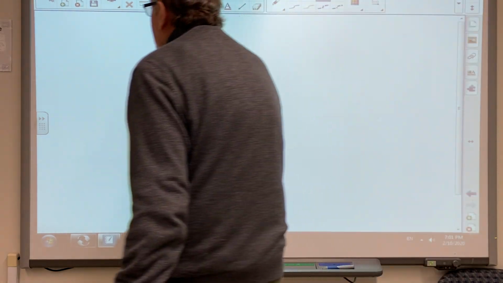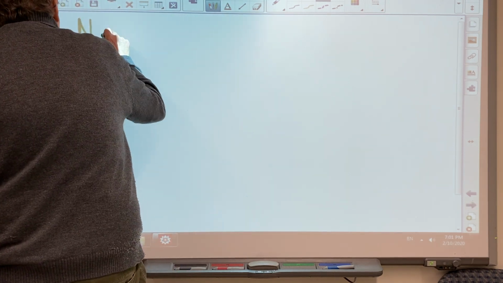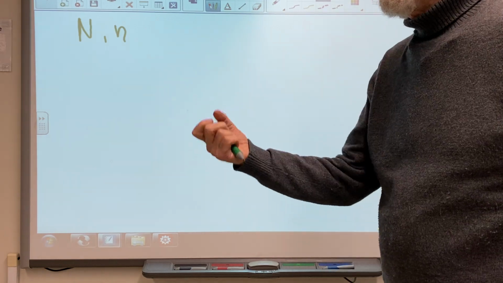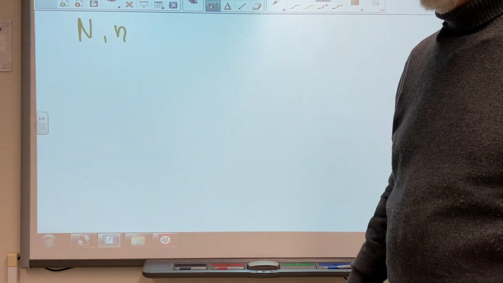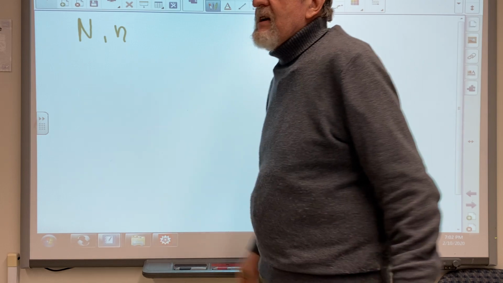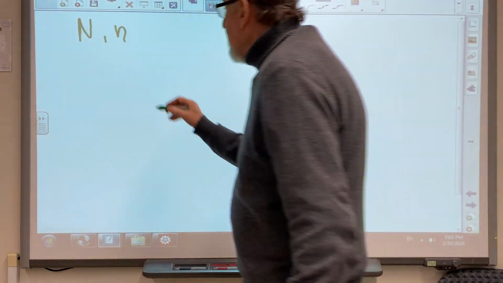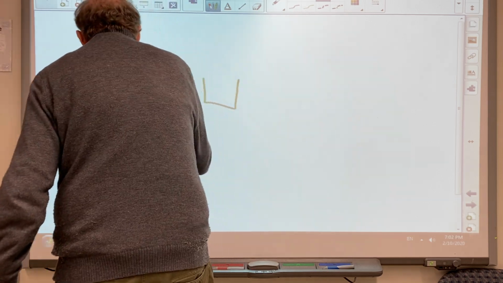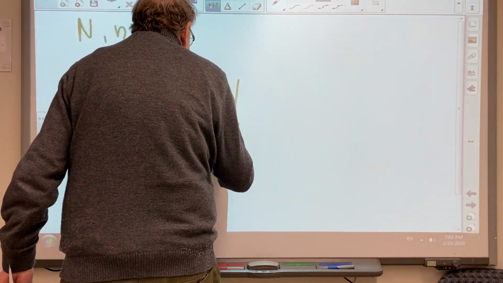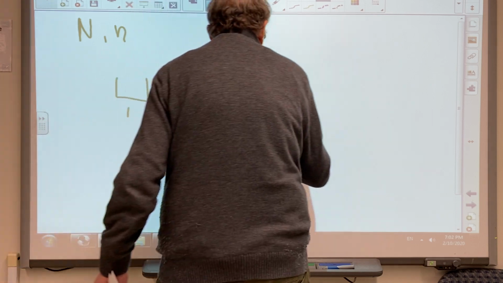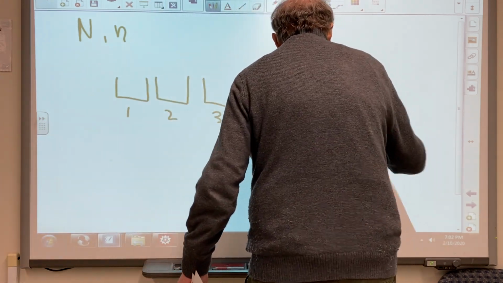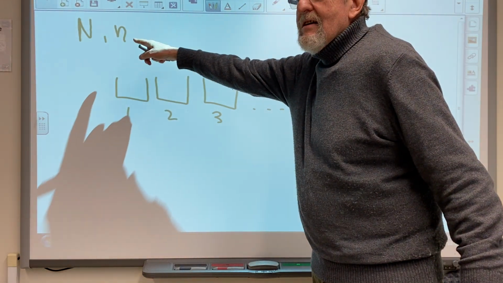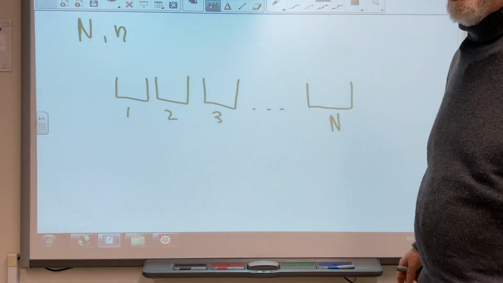You say the following: I have n particles and n, if you want, quanta of energy. So imagine that you do it the other way around. You imagine that each quantum of energy is a little ball. And now you have n balls. The boxes correspond to particle 1, particle 2, particle 3, and you have n of those. Now you have to decide in how many ways you can distribute the little n there.